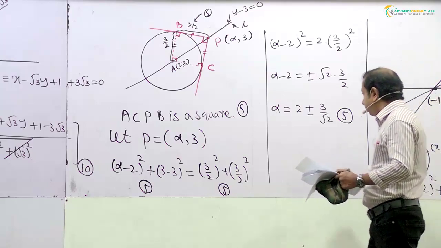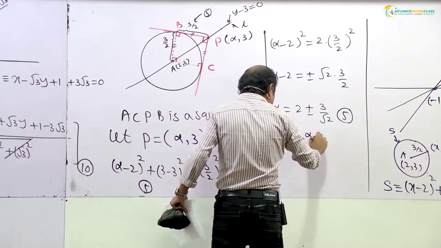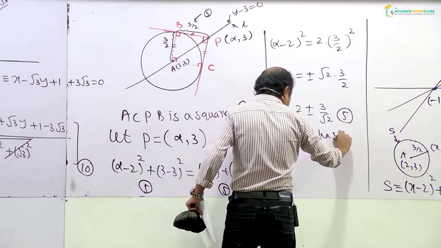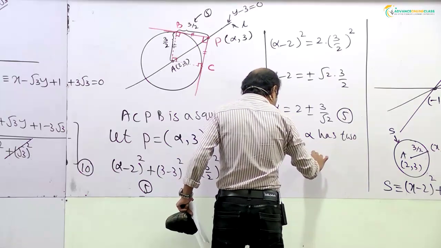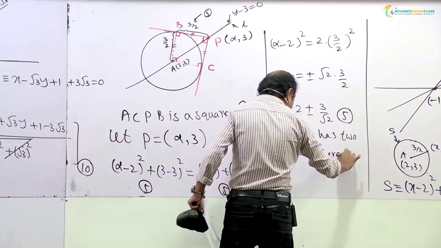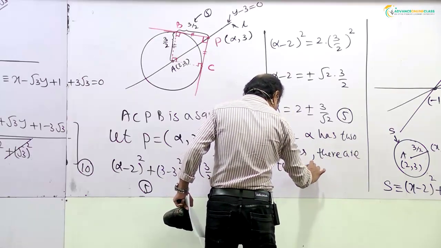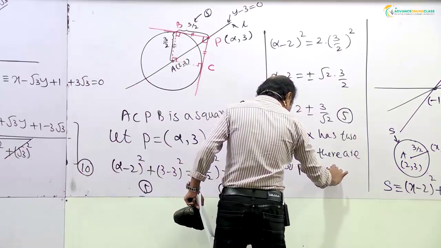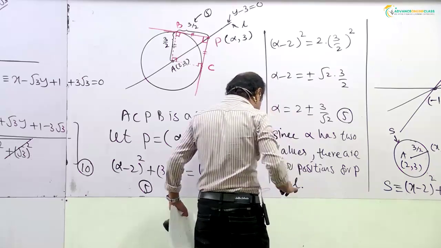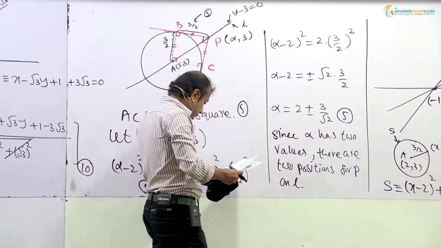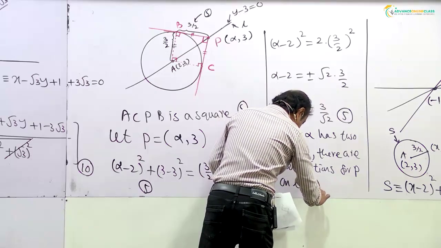Then you can write, since alpha has two values, there are two positions for P on L. 5 marks.